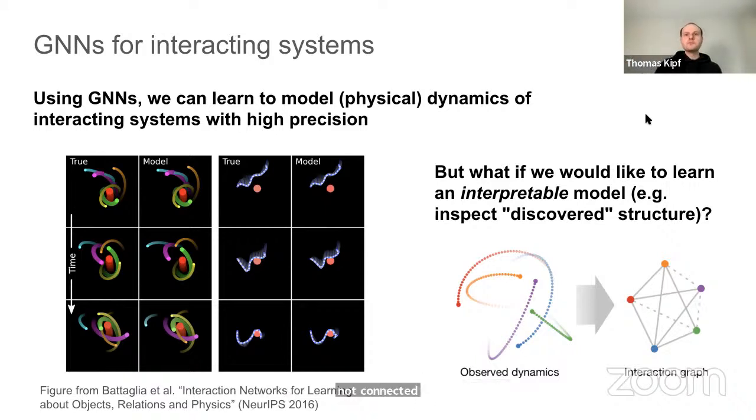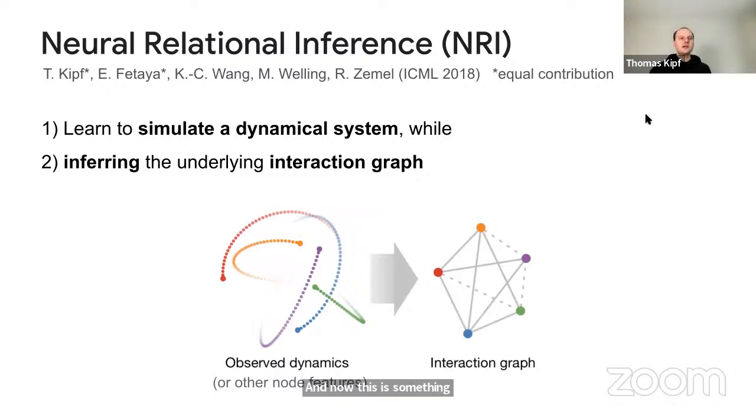We looked into this problem in this paper called Neural Relational Inference, which is from 2018, but it's still a very timely model, because effectively it learns to simulate a dynamical system while also inferring the underlying interaction graph.